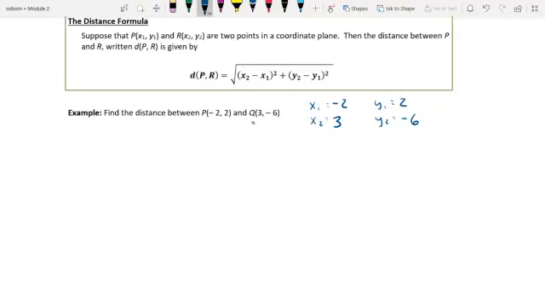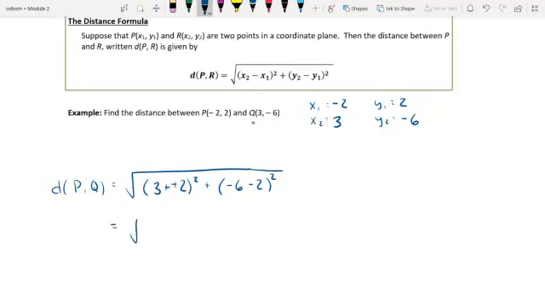When I use my formula, the distance between P and Q would be equal to the square root of x2, so that's 3, minus the -2, squared, plus y2, -6, minus y1, squared.